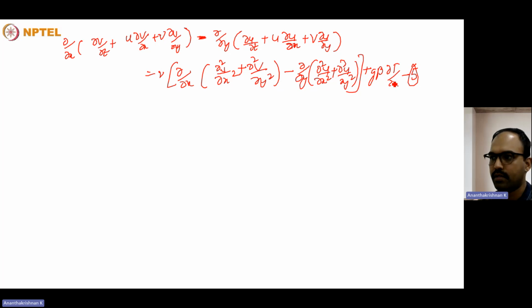which of the terms in the momentum equation will be dominating, whether it is the convection term or the diffusion term or the buoyancy term.